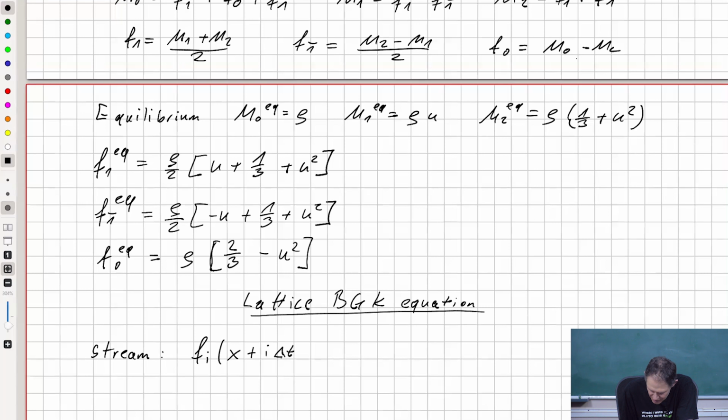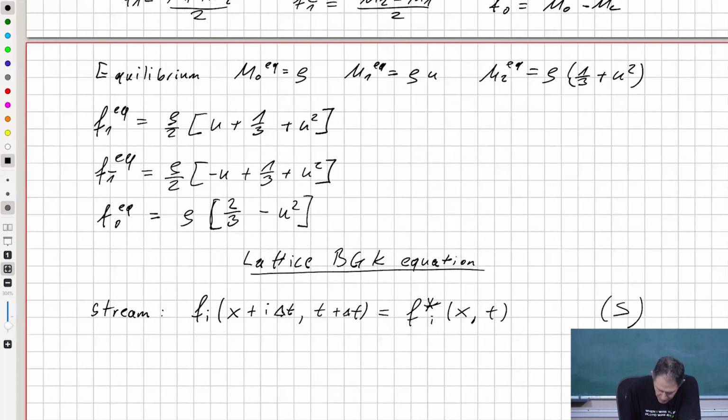So we're going one step to the neighbor in the next time step, and this is equal to a post-collision state. This asterisk indicates post-collision at this position and at the time now. This is what we call the streaming operator.